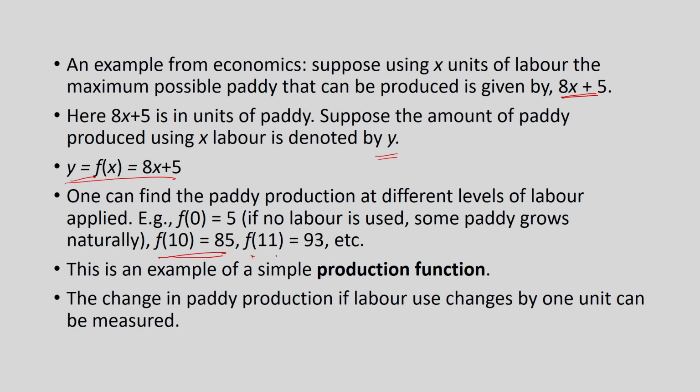Similarly, f of 11 is equal to 93. So, as you are increasing the total amount of labor in the production, maybe you are employing more laborers in the field, then the output of paddy that you can grow is rising.